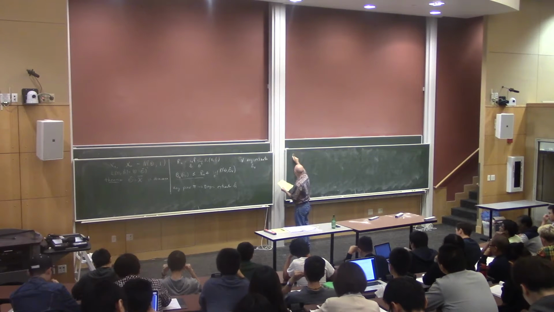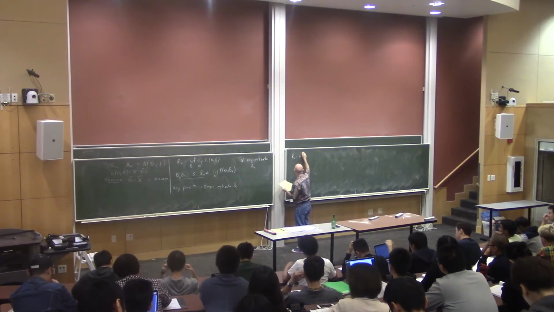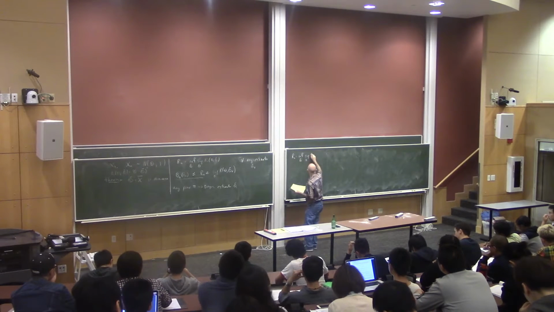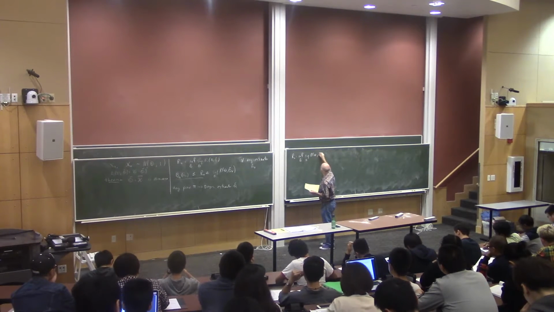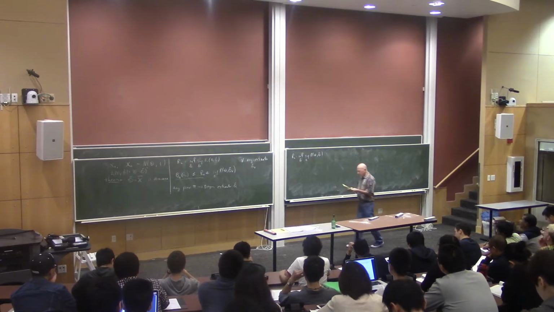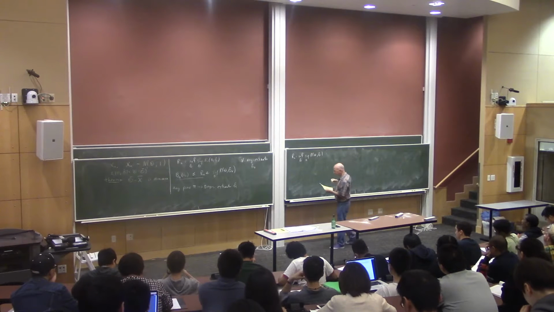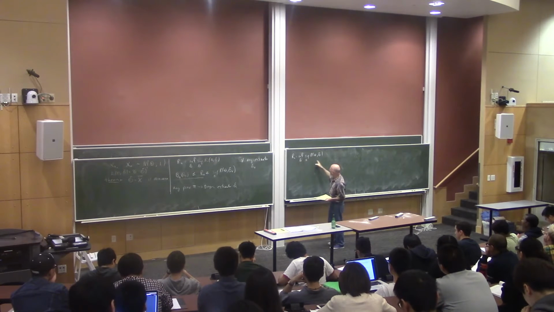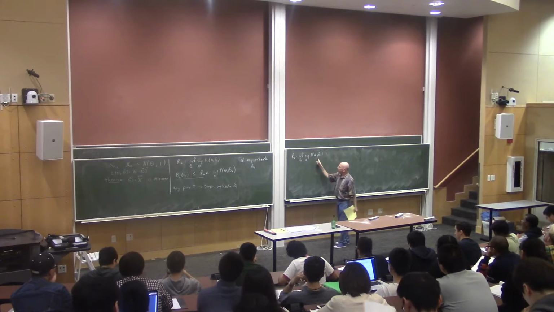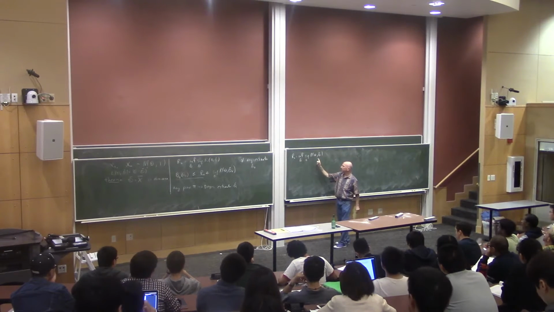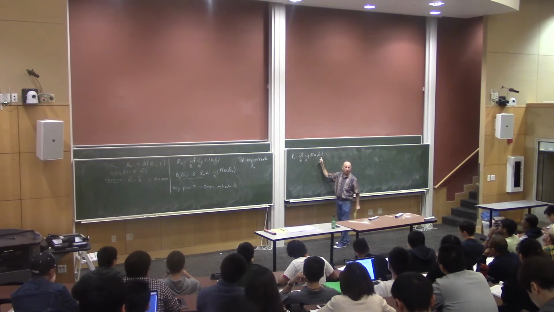Let's just look at this definition again. There's the definition of minimax risk again. This is a maximum. The maximum is always bigger than or equal to its average. So if I replace this with the integral, then I'm computing the Bayes risk of this estimator here.